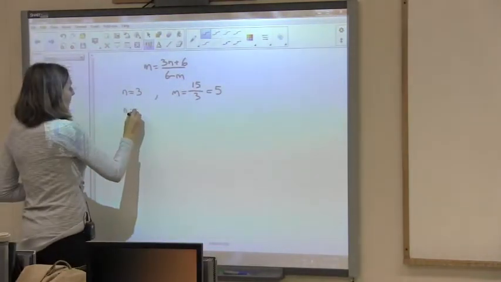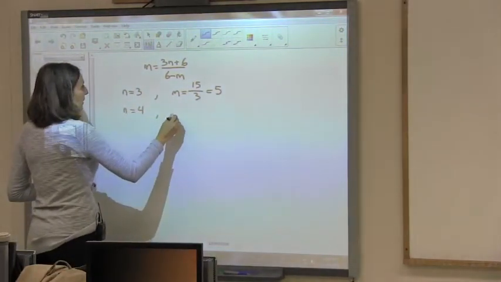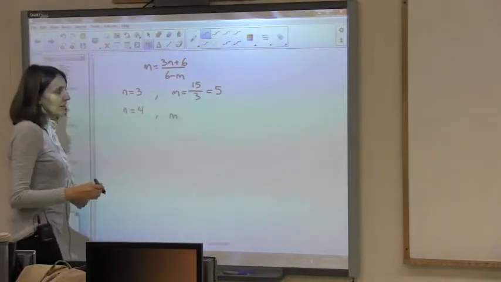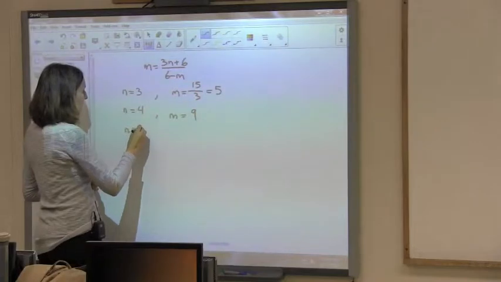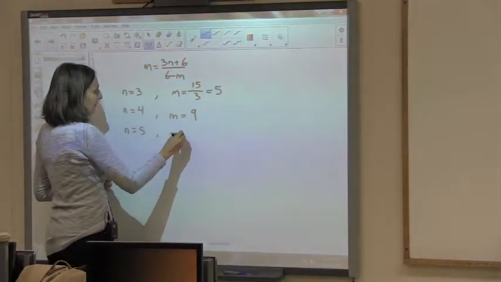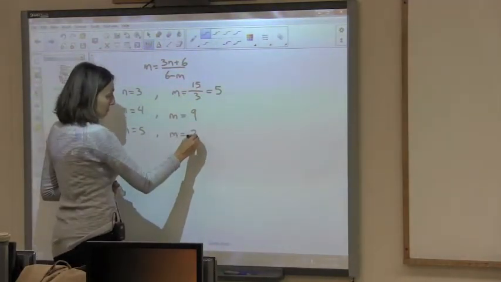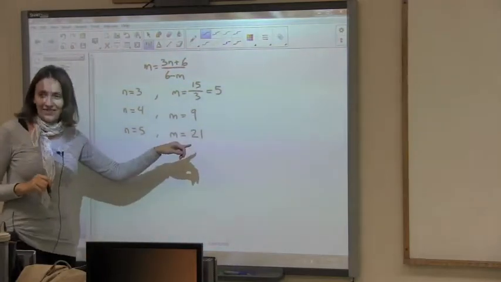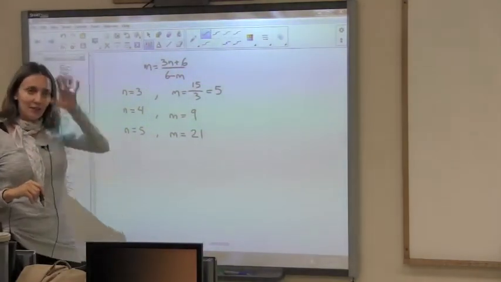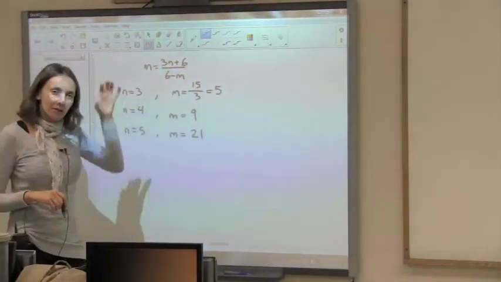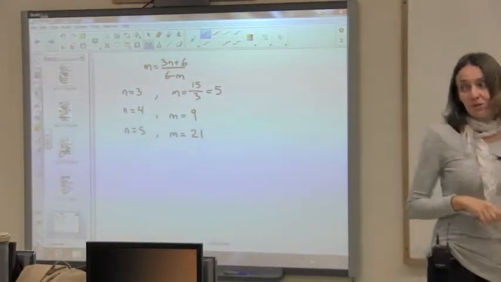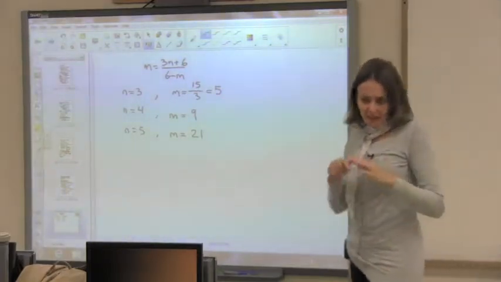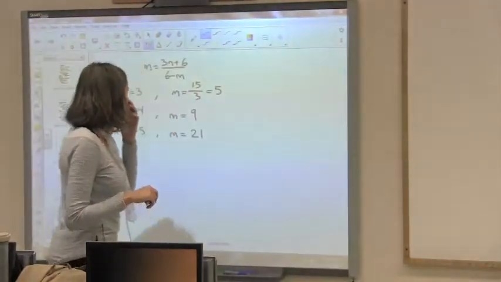And then n equal 4 is what? M equal 9. And n equal 5? 21. Okay, so here it starts becoming interesting. You can define 21 positions however you want, and a robot with 5 revolute joints will be able to reach those. It's already a well-defined task, 21 positions.